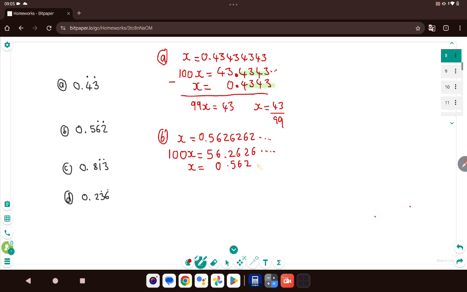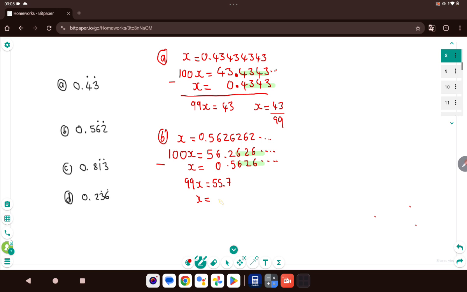And you see all these 6's cancel with all those 6's, all the 2's cancel with all the 2's from this point here, from that point there. And then you've got 56.2 subtract 0.5, it's 55.7. So 99x is equal to 55.7.